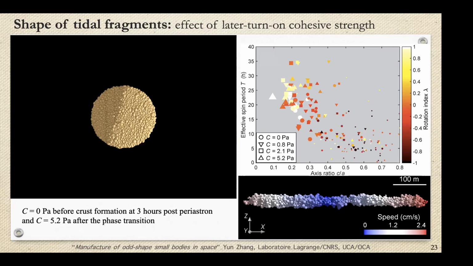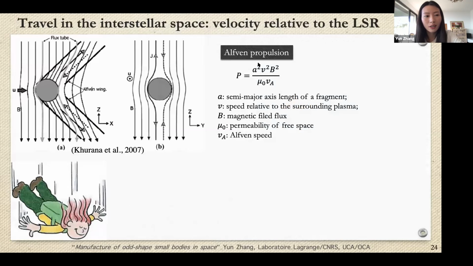So let's continue. Now we consider, when these fragments leave their star, what processes act on them. After they have been ejected from their host stars, these fragments' motion is gravitationally accelerated and dragged by the interstellar gas.